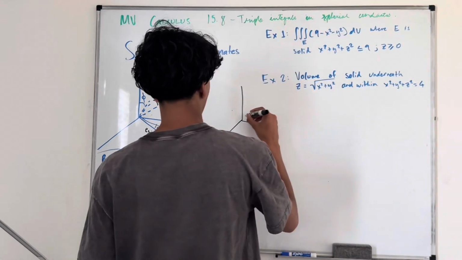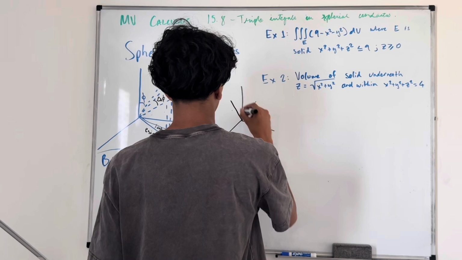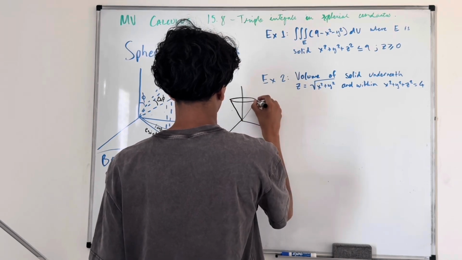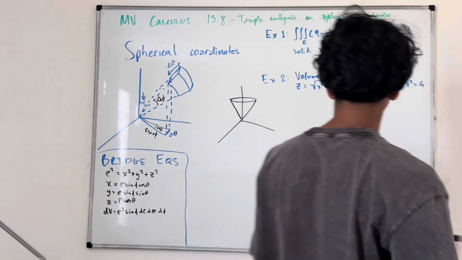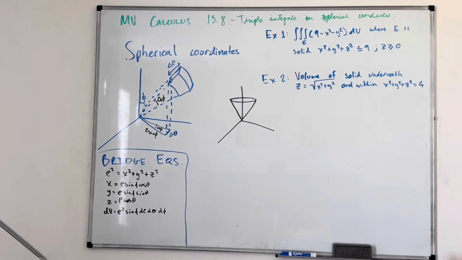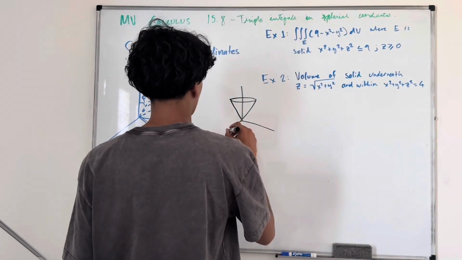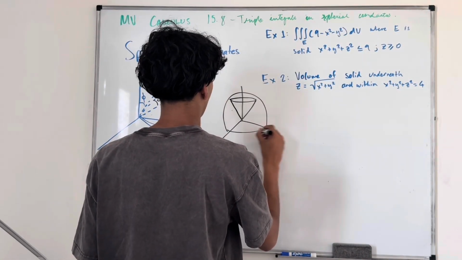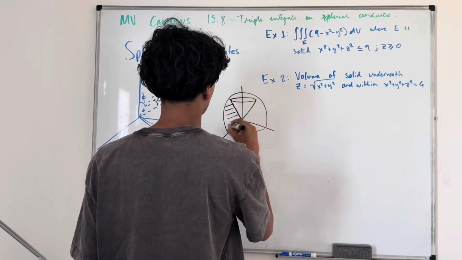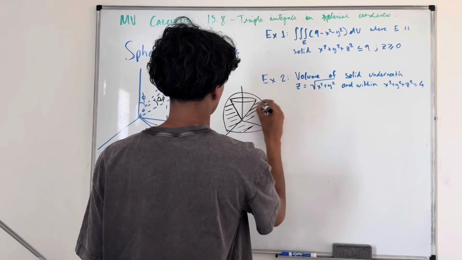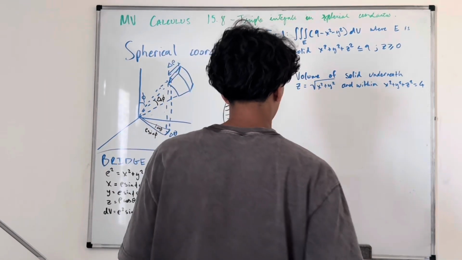So therefore it's a half cone. So I have this half cone, and then I have this sphere with radius 2. And I want to find the volume underneath the cone, but still within the sphere.